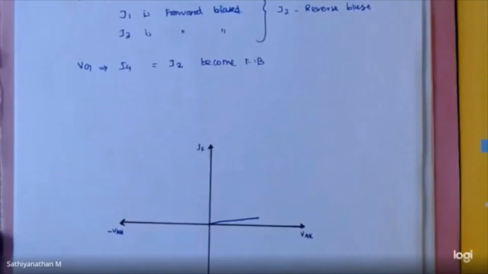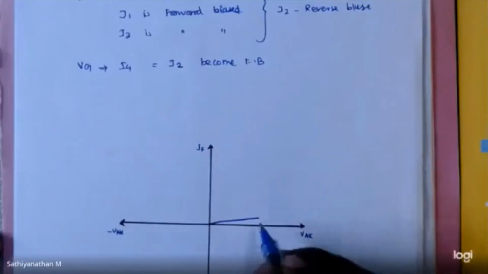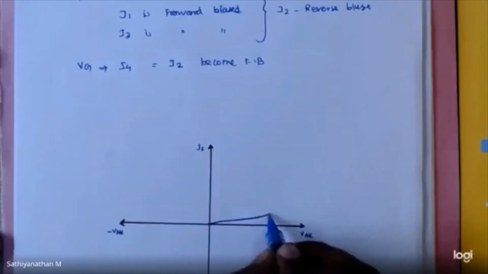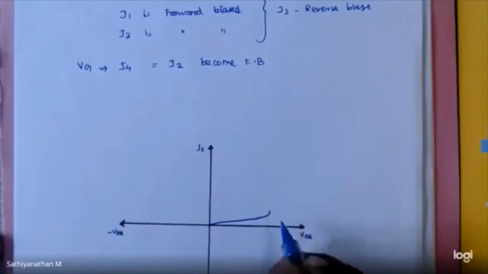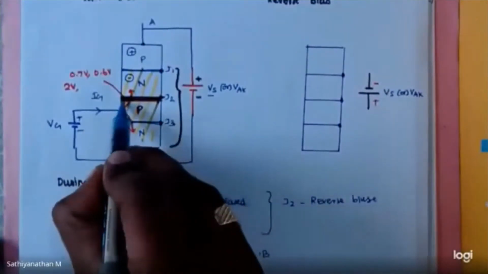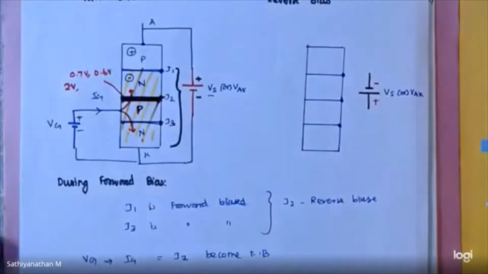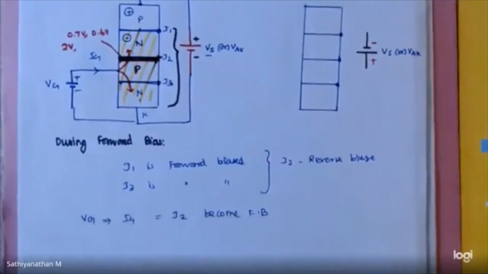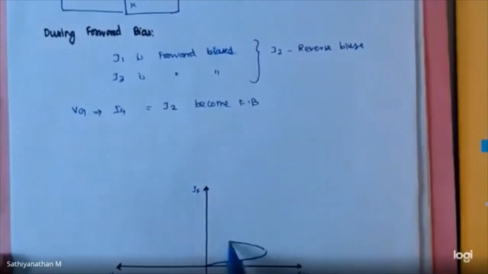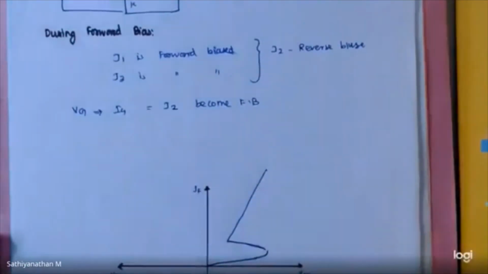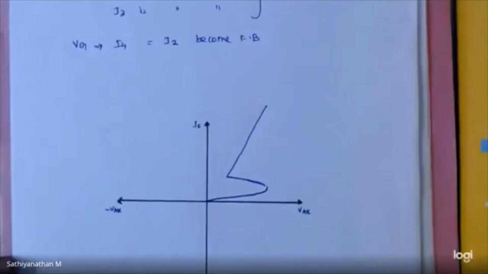After this, if you apply a gate voltage and that drives a gate current, and at a particular point the gate voltage is greater than the required barrier voltage of the device, then it starts to conduct. There is a sudden rise in the forward conduction current.